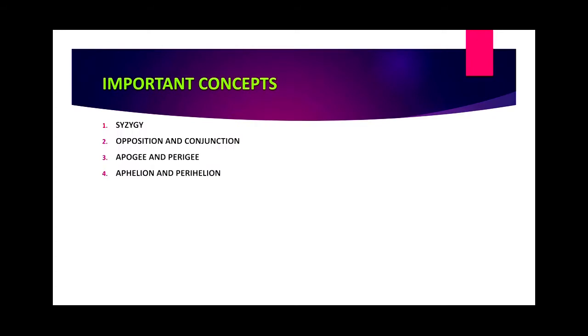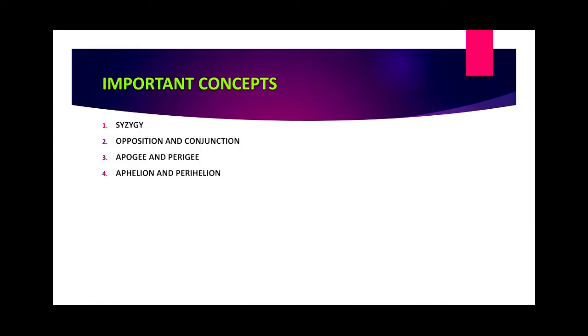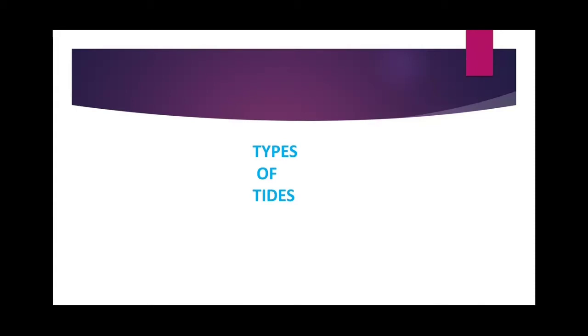So children, apogee and perigee are the positions of the moon in its orbit around the earth, whereas aphelion and perihelion are the positions of the earth around the sun in its orbit. So in one position it is nearest, whereas in the other position it is farthest. So these are the concepts. It will be helpful to understand the types of tides.